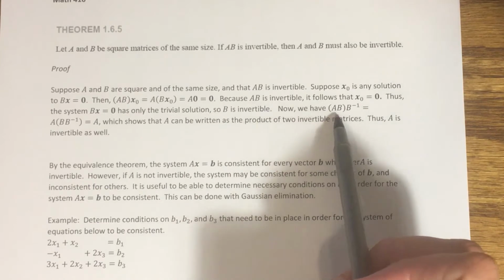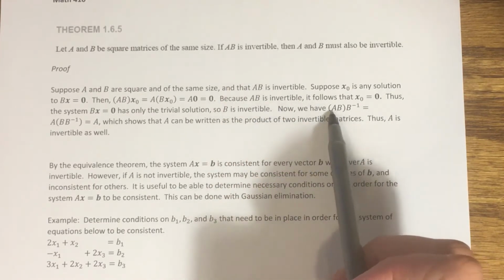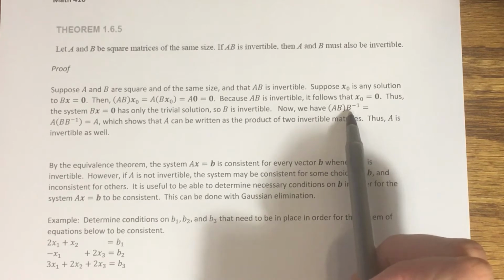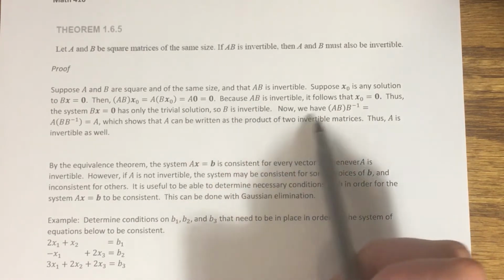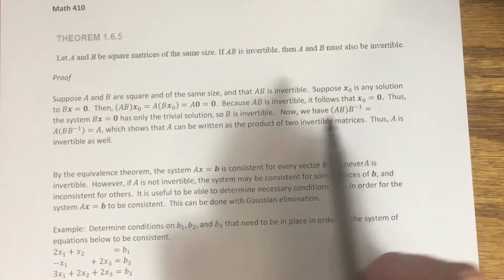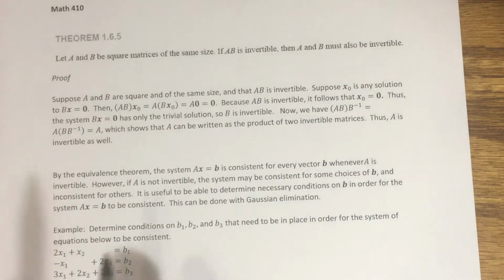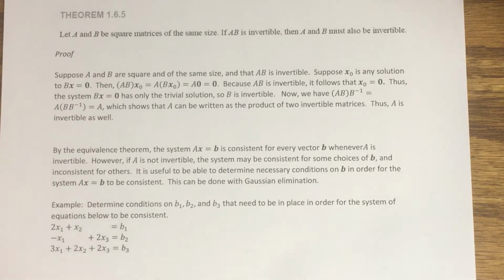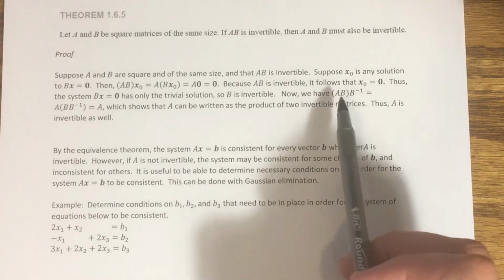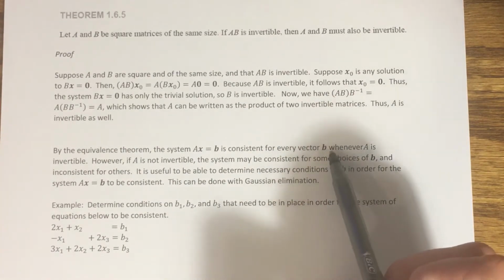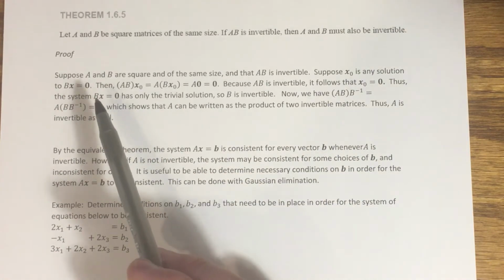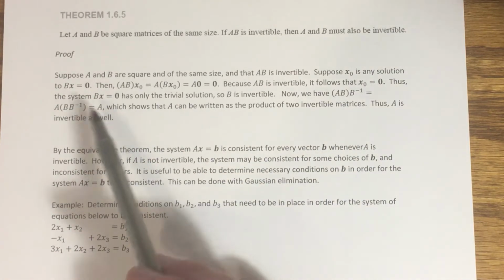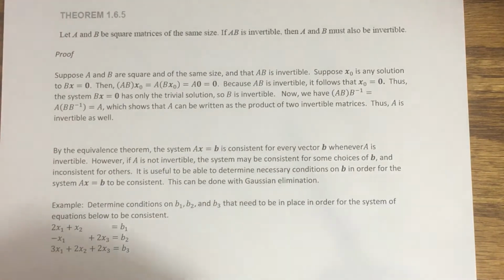Well, remember, from the assumptions made in the problem, AB is an invertible matrix, and we just showed that B is an invertible matrix as well, so B inverse must also be invertible. And this product of invertible matrices gave us A. We already had a theorem, and we just talked about it, that says if you have a product of two invertible matrices, then that product must also be invertible. Therefore, A is also invertible, and that finishes this theorem.